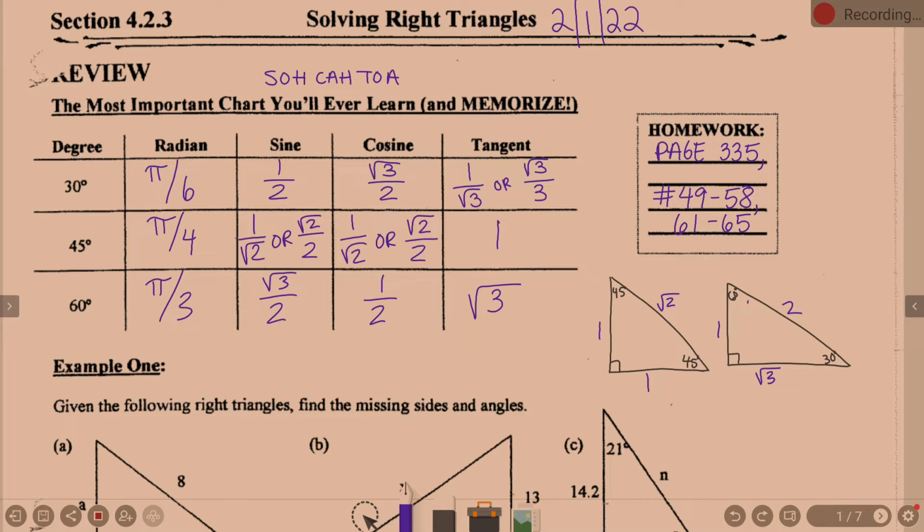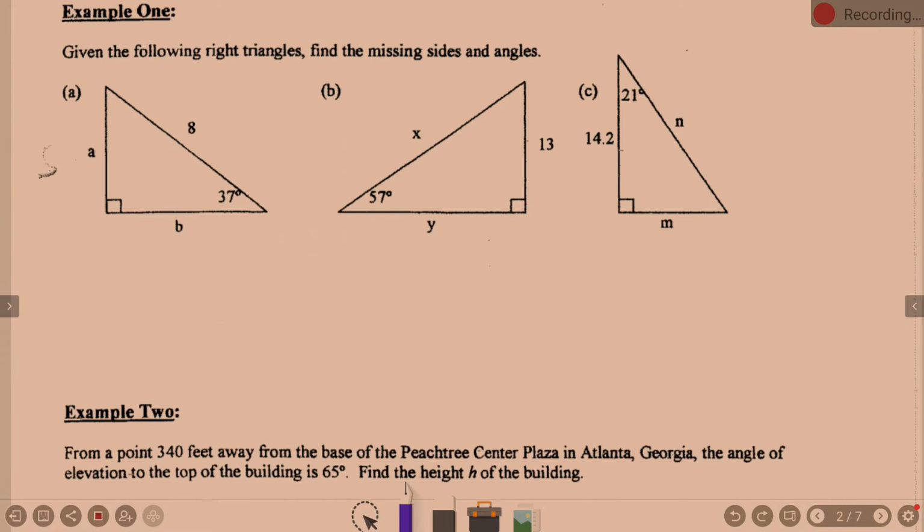Okay. Moving on. Today, we're going to be finding missing sides and angles, based on the following right triangles. When we're talking trig and we're talking about sine, cosine, and tangent, we're talking right triangles here. If they're not right triangles, we can't use these trig functions.